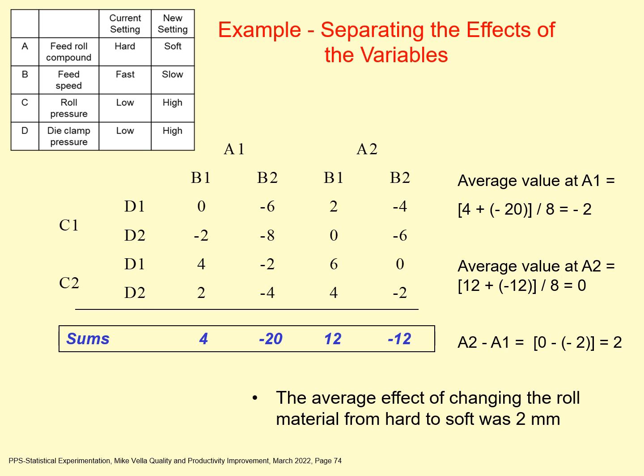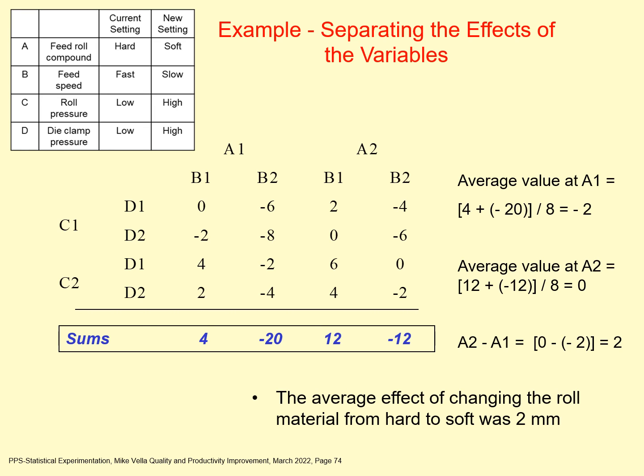In a similar fashion, the average value at A2, that is feed roll compound soft, is 12, which is the sum of column A2B1, plus minus 12, which is the sum of column A2B2, divided by 8, those are the number of individuals in the test, equals 0.